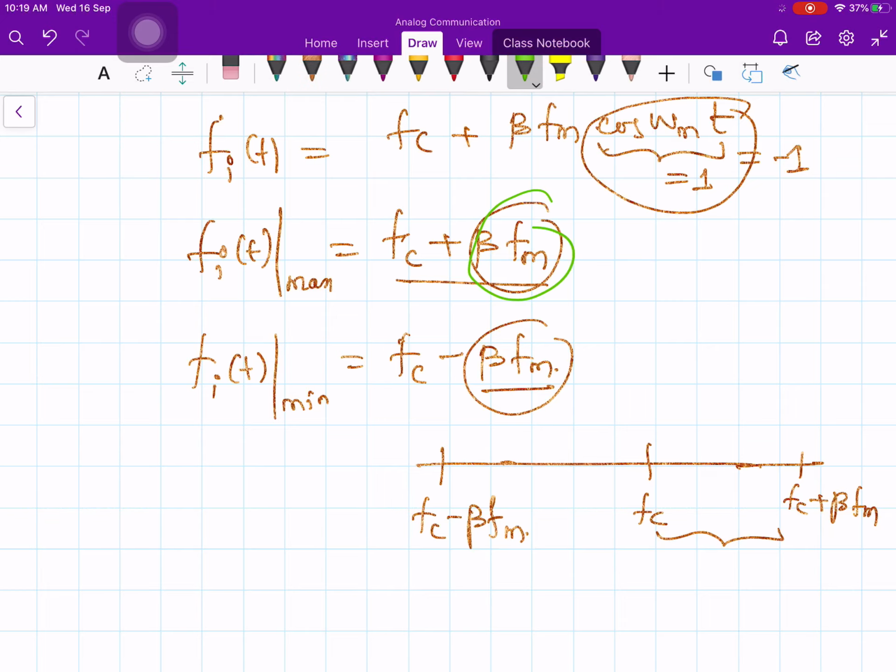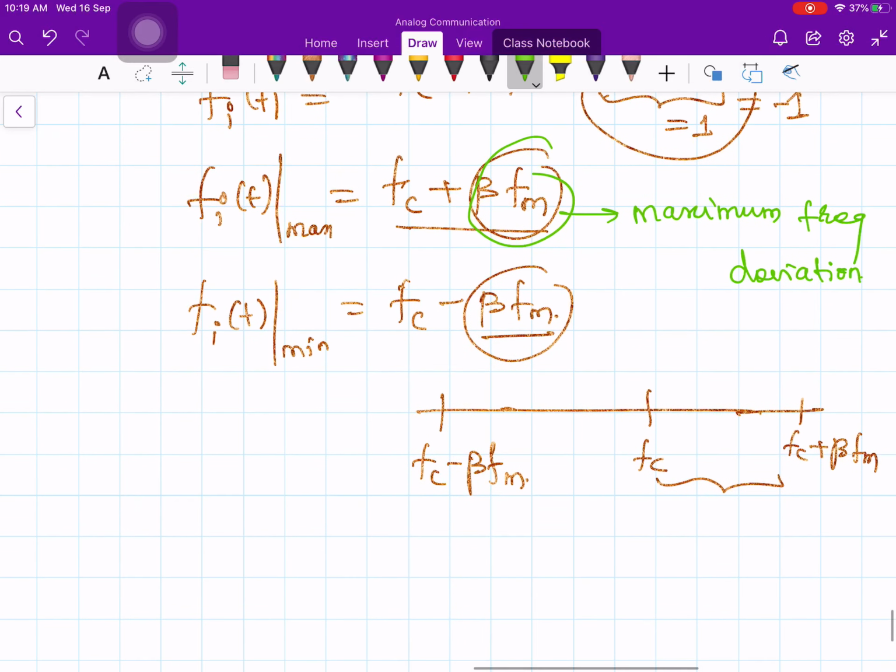This beta times fm is called a maximum. It cannot deviate beyond that. Therefore beta fm is nothing but the maximum or peak value of the frequency deviation.